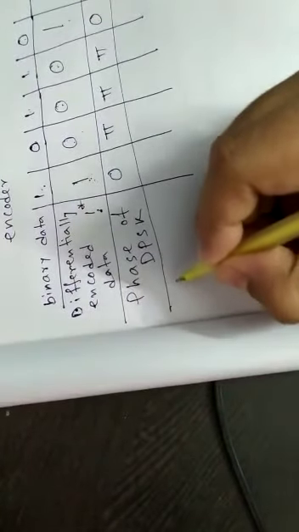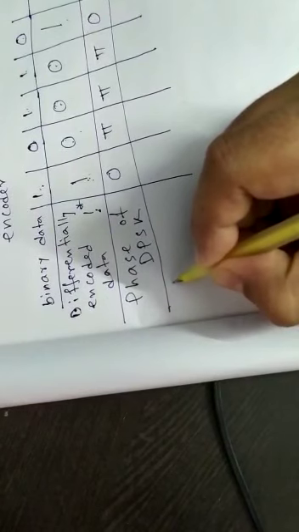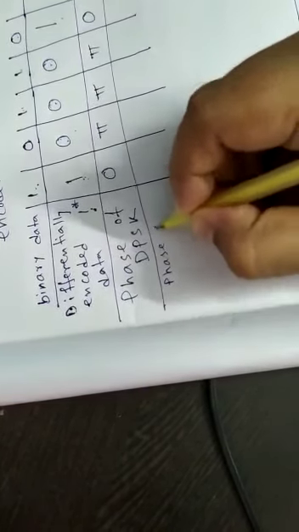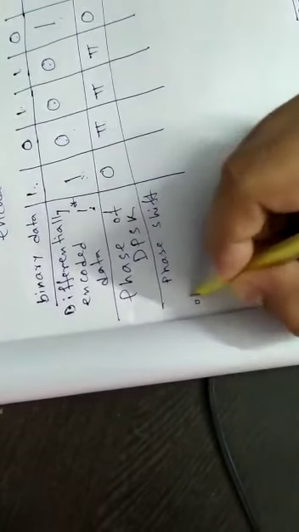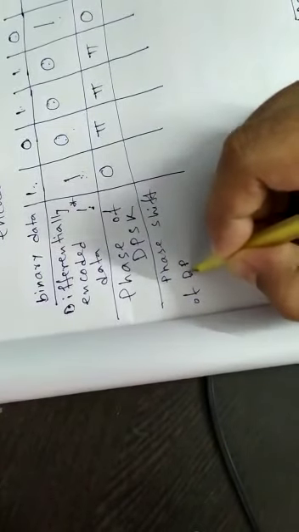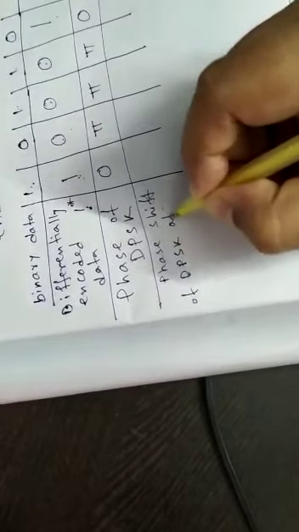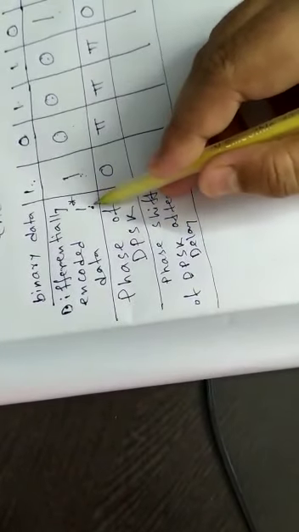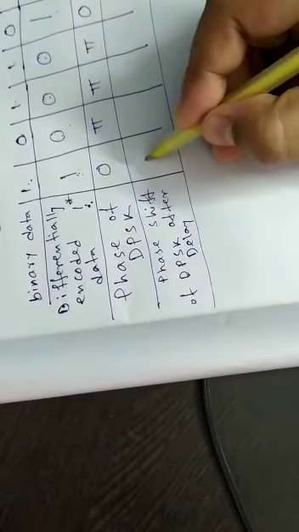So the phase shift of DPSK after delay is represented by 0 degree phase shift.